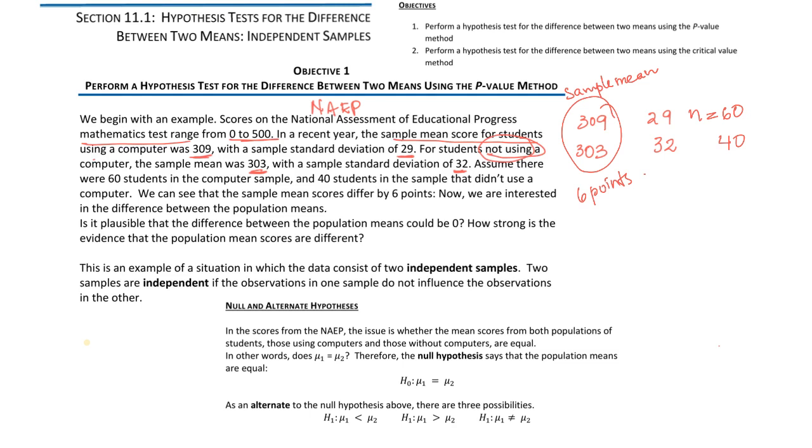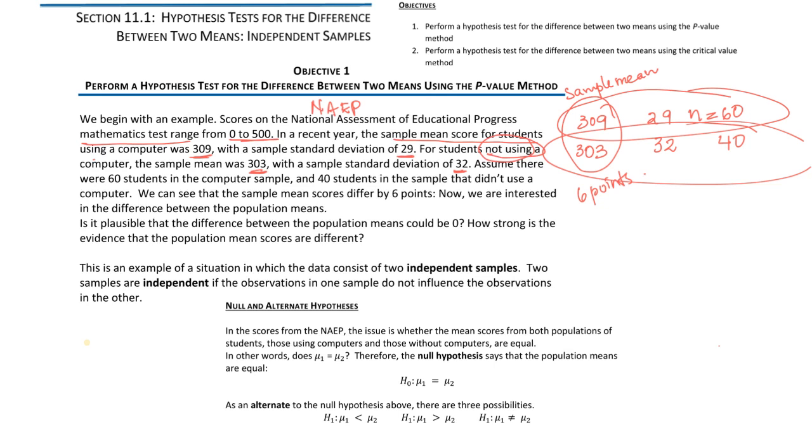This is an example of a situation in which the data consists of two independent samples, and the observations in one sample do not influence the observations in the other one.